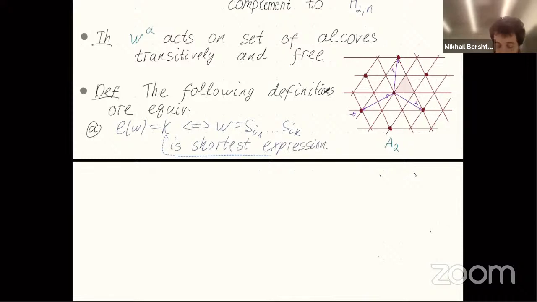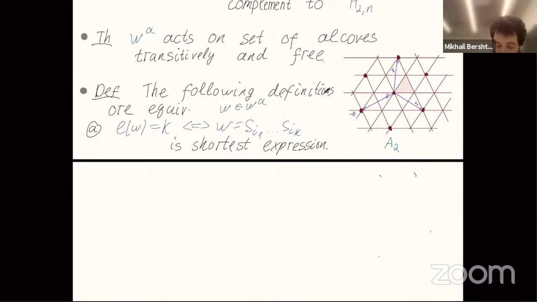It means the shortest among which expressions? We consider ways to write any element of the affine Weyl group as a product of simple reflections, and we take the shortest one, and its length is the length of the element.